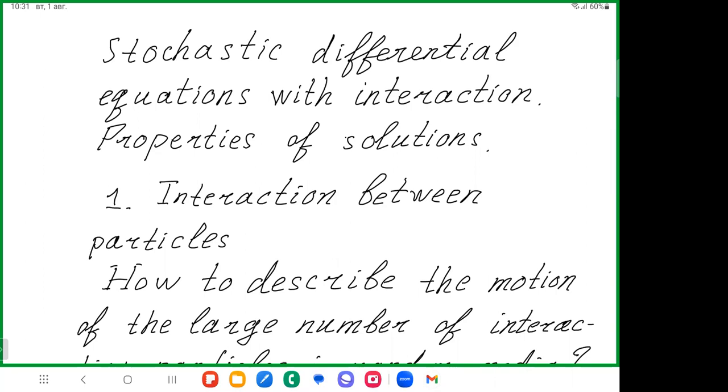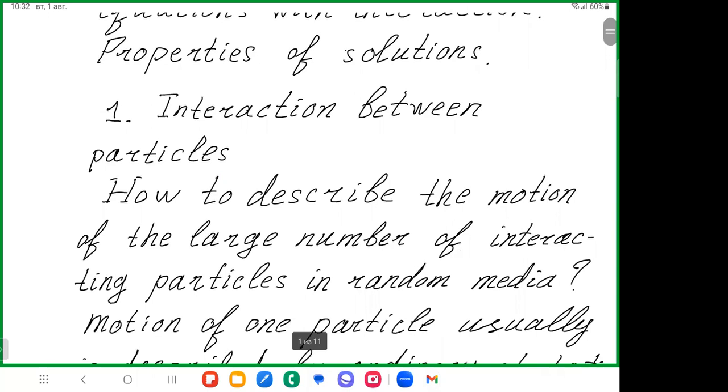These particles interact one with other and also with the random media. So this is the main question today. And today we will write the corresponding equation and see the properties of its solution. So let us start.